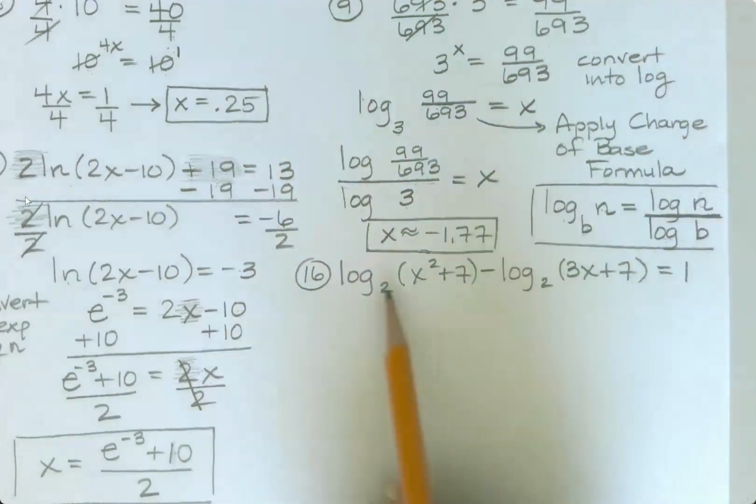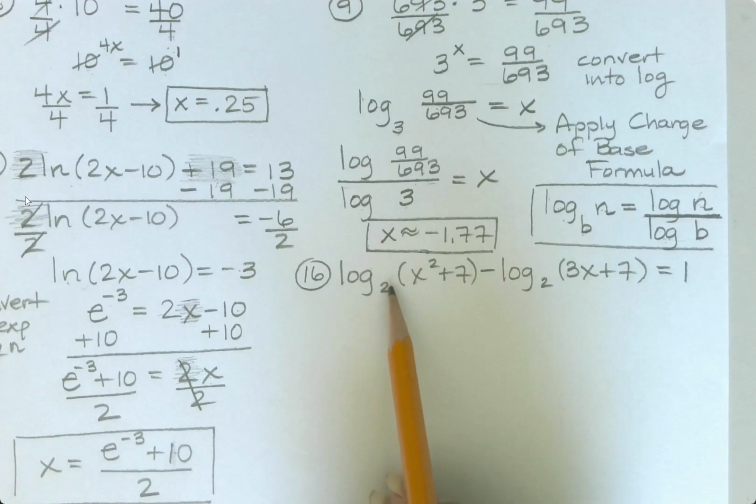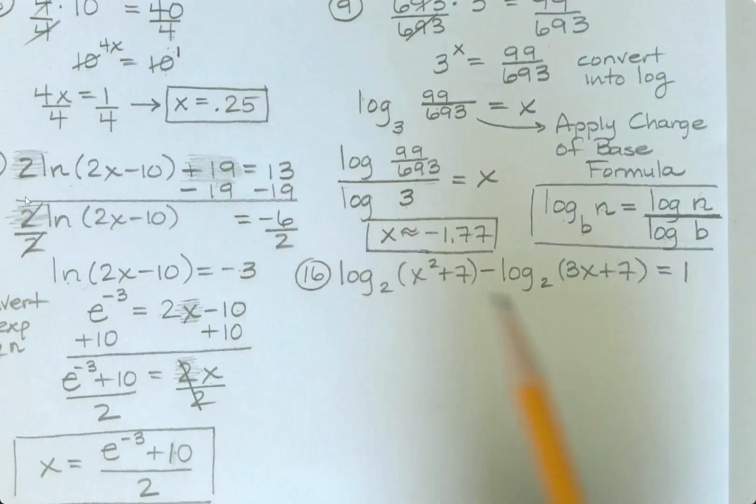Okay, here's number 16. So this log equation definitely is not written in its most basic form. First of all, we already have more than one log in one equation. You know from previous sections that we are able to condense logs, which means rewrite them in one single log form.